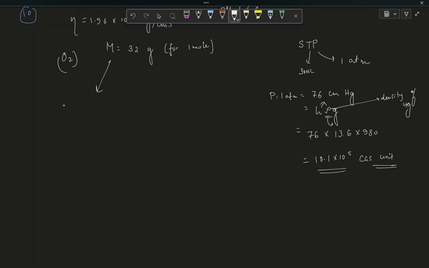If capital M is given, then the mass of a single molecule will be 32, again in CGS, so I am not converting to kg, divided by 6.023 into 10 to the power 23, which is 5.31 into 10 to the power minus 23 gram. Okay.